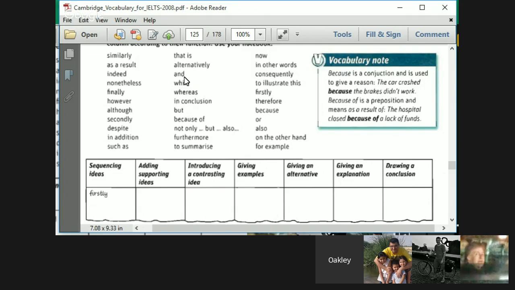Nasser, and. Sequencing ideas. Really? Wait. Well, in this very specific way it can be sequencing ideas.